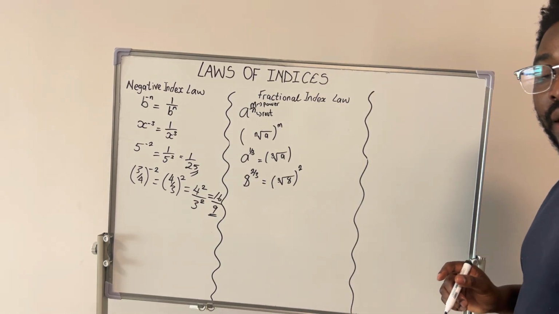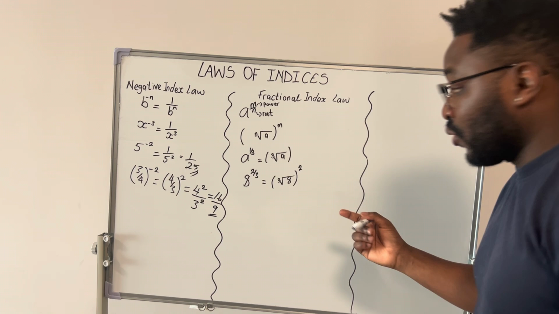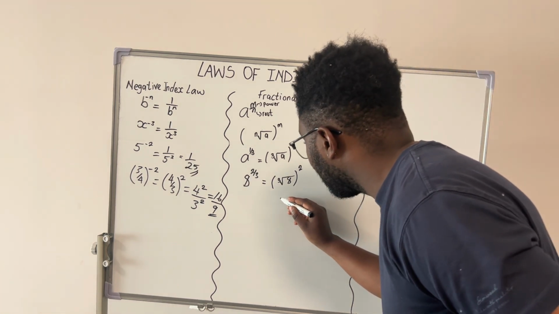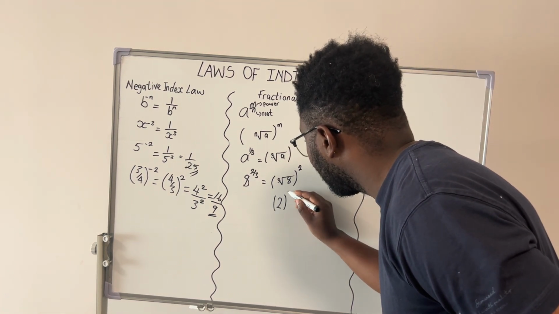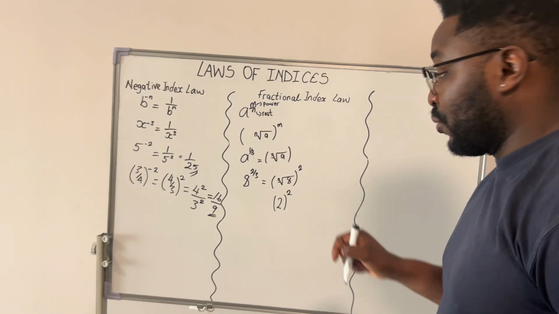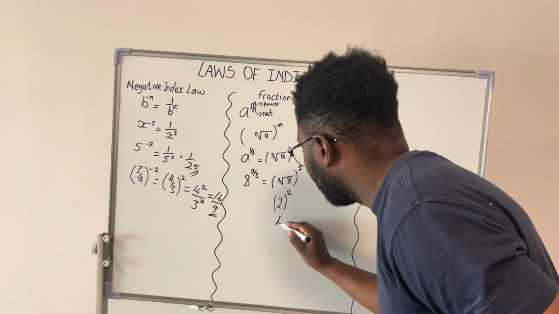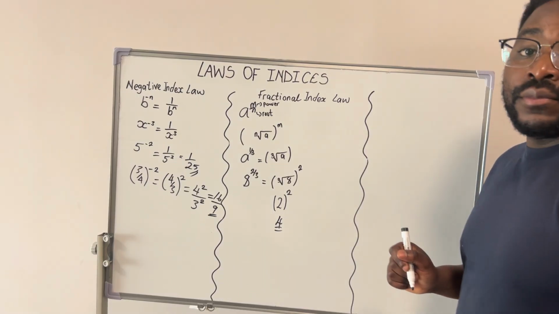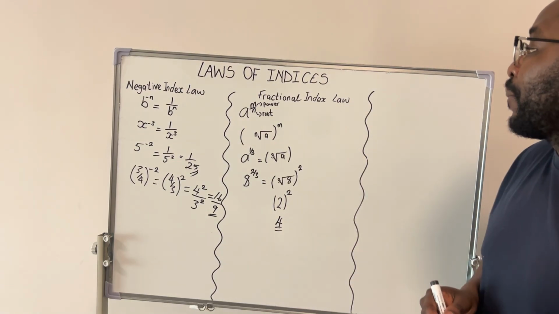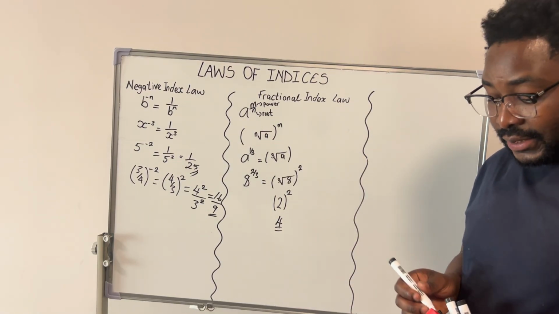The cube root of 8 is 2. Remember, we're raising it to 2, and 2 to the power 2 is 4. So this is how we can apply the fractional index law.